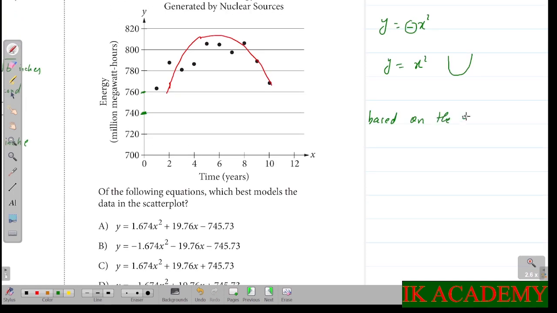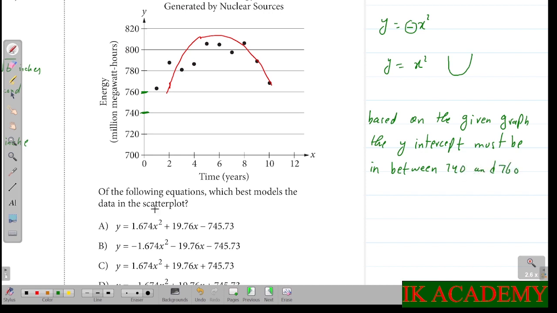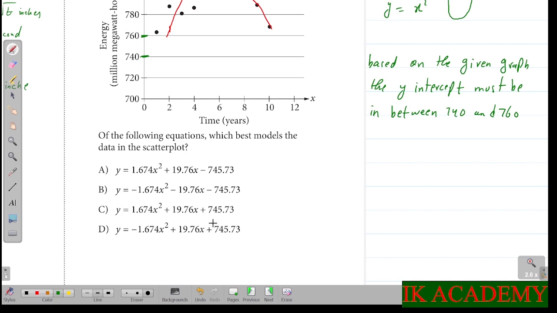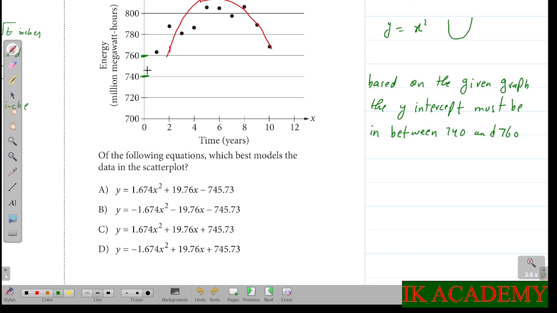Based on the given graph, the y-intercept must be in between 740 and 760. So option D is giving us 745 because it is a positive number in between 740 and 760. The y-intercept is not a negative number.